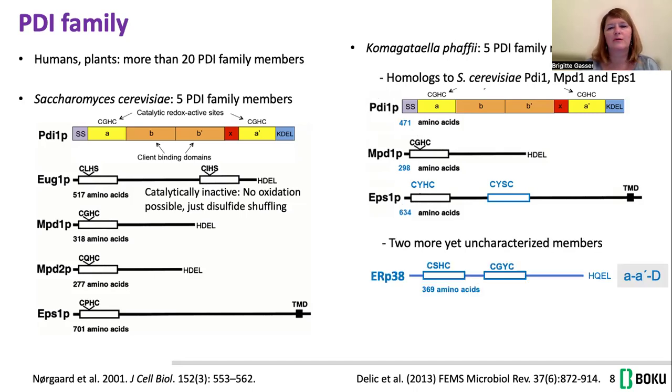One thereof was having an ERP38-like domain structure, as shown here. And the second one is a totally unknown PDI family member that has just the domain structure of A and B. And we decided to analyze and characterize these family members as much as possible.